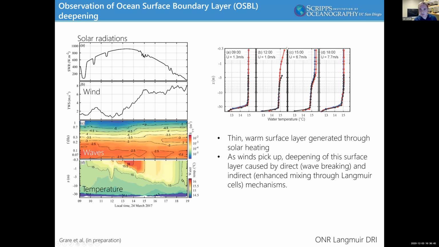This warm layer, up to close to a degree here, is created under the action of solar heating. But as wind picks up, you see this warm layer deepening down through direct and indirect mechanisms, and by that I mean wave breaking. You're going to start getting micro breakers and actually aerated breakers, as well as enhanced mixing through Langmuir cells, which I think is pretty neat.